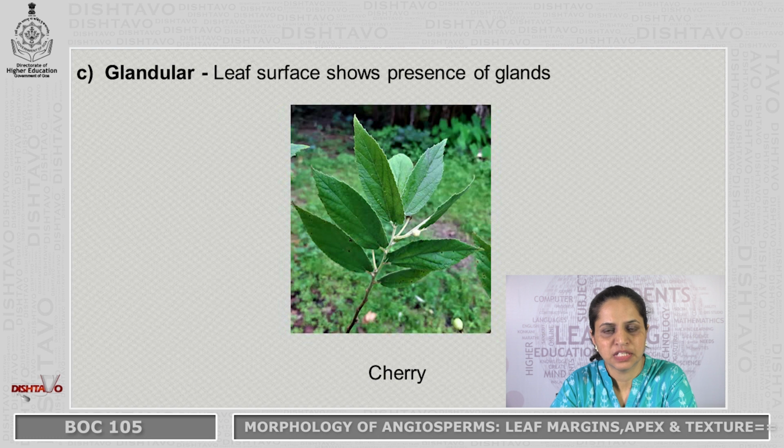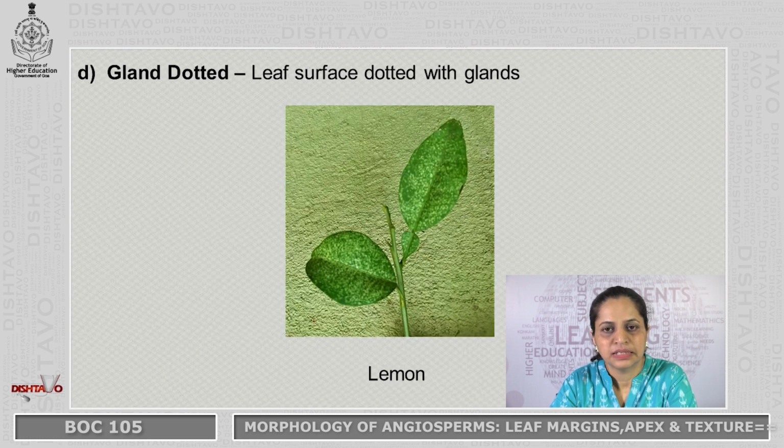When the leaf surface shows the presence of glands, it is termed as glandular. For example, in wild cherry, extrafloral nectaries are present on the leaf. In citrus plants, the leaves bear small oil glands which appear as dots. Such leaf surfaces are termed as gland-dotted.